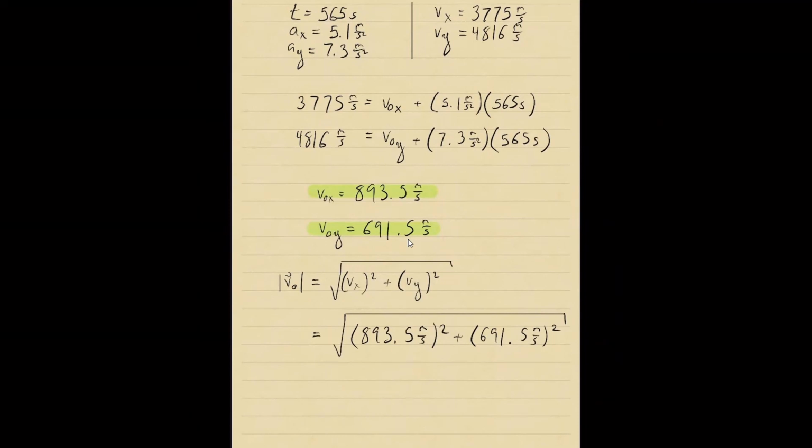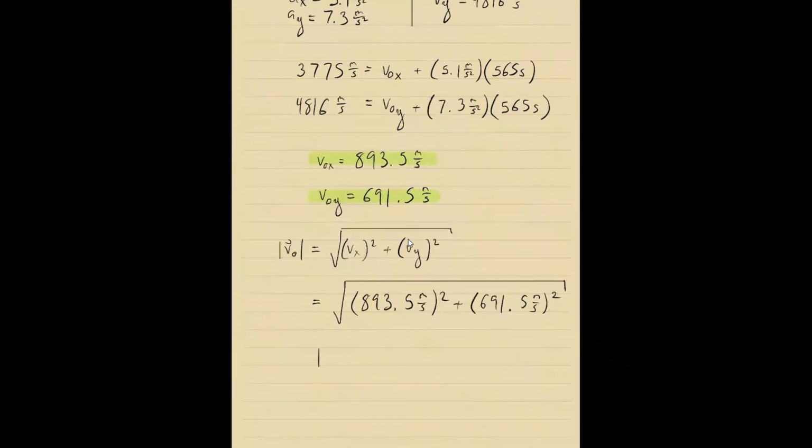And if you punch this into a calculator, we get the magnitude for our initial velocity vector is equal to 1,129.8 meters per second. All right, so that's the answer to the first part of the problem.